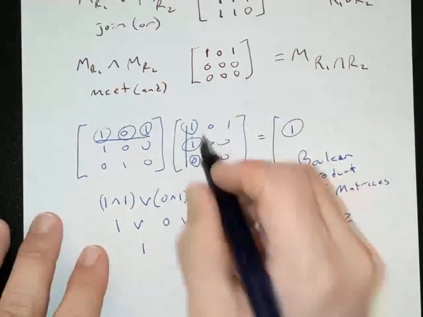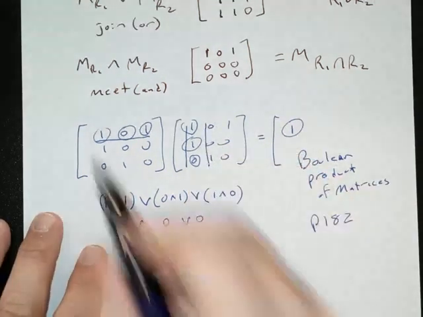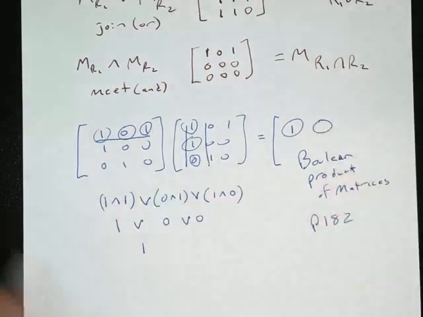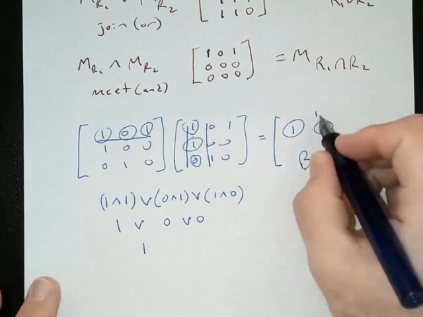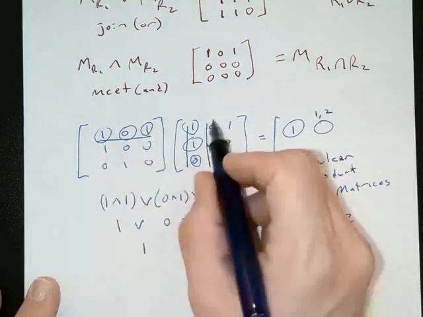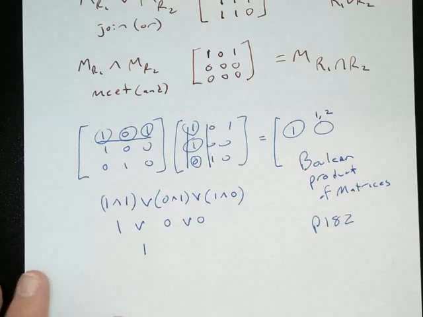So if I did the second column, it would go down the second column, and the first row, second column answer would go in the first row, second column of my answer. See, this is row 1, column 2. So I do row 1 with column 2.